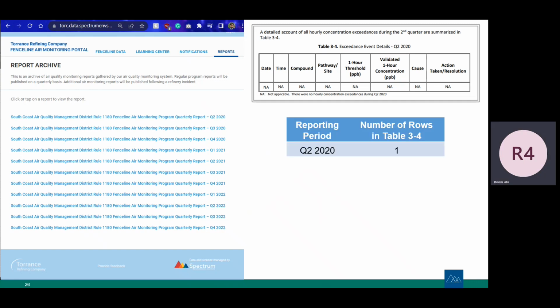In our first quarterly report, there was only one row in this table, and we just filled it in with NAs, not applicable. It's a placeholder. We figured eventually we're going to be having some concentrations, and our report will be ready. People will know where to look for it. And then the next quarter, we didn't have any, but we were ready.